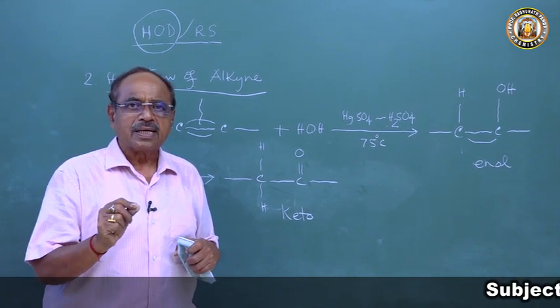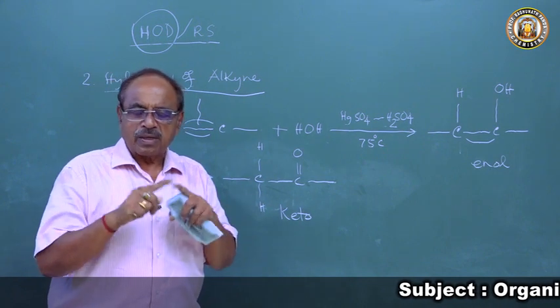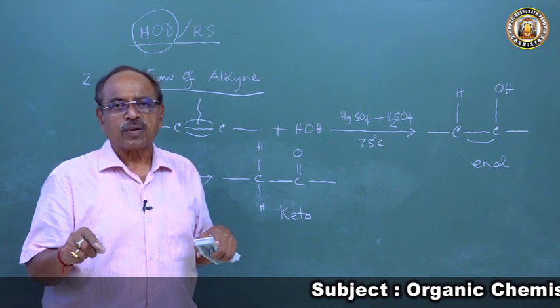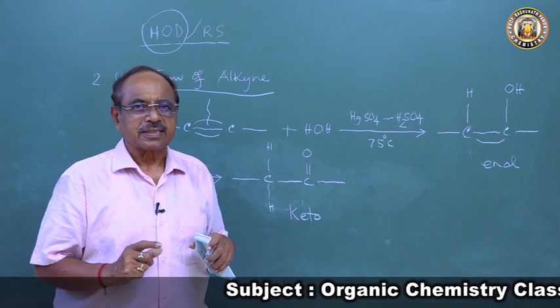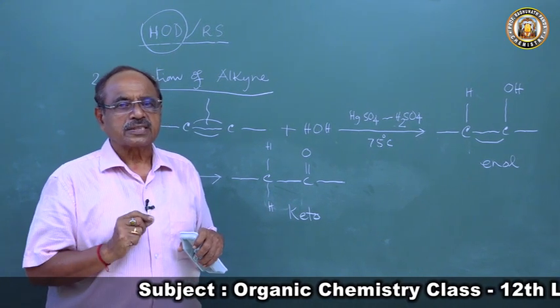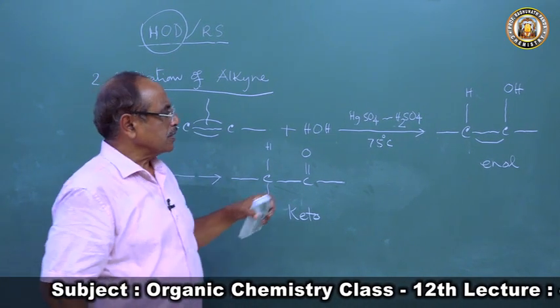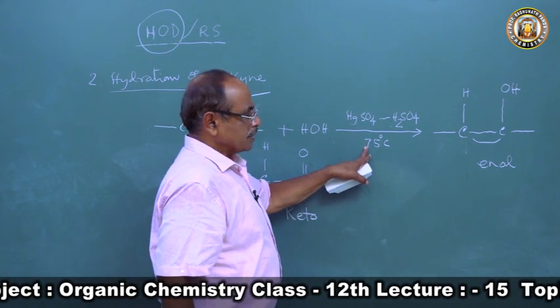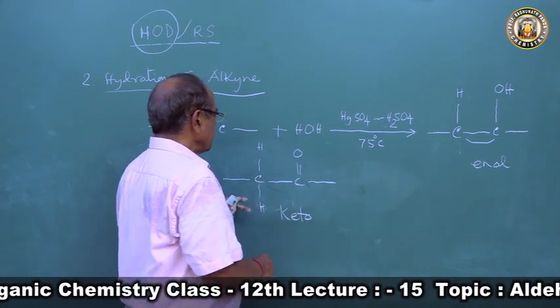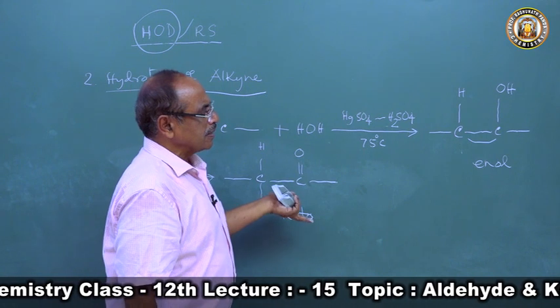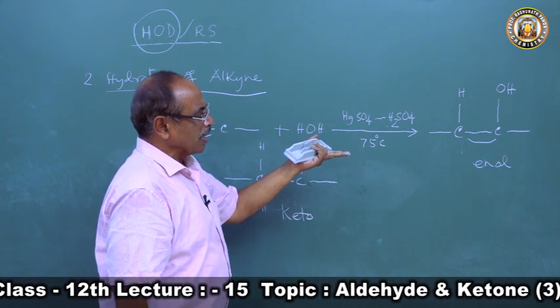If you know that a carbon-carbon triple bond undergoes hydration reaction, with mercuric sulfate and sulfuric acid. So this is a compound. This undergoes hydration reaction. So on one side H is added, on the other side OH is added. This is the enol form.